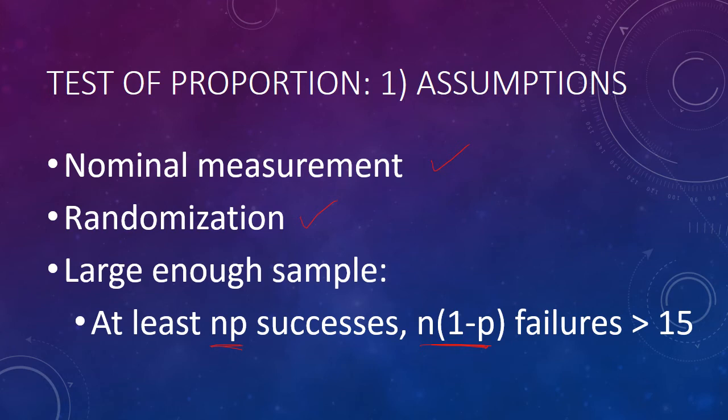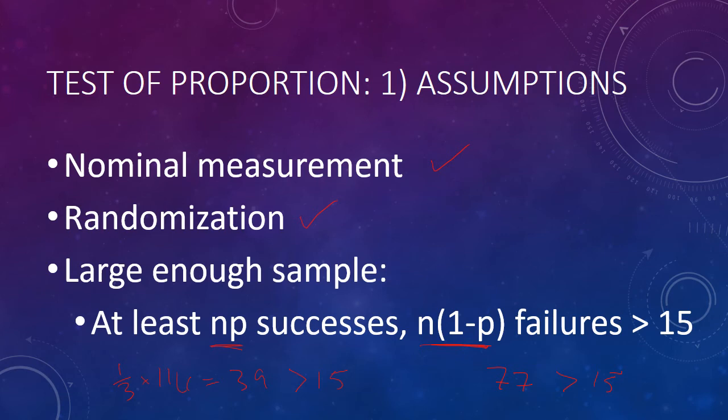Well, if the null hypothesis is true, that is to say, if the astrologers are only guessing, we would expect them to get 1/3 of the answers correct. 1/3 of 116 chances is about 39. And if they get 39 correct, then they must get 77 incorrect. So that's what we would expect if they really were just guessing. The expected number of failures and successes in this case are each more than 15, so we meet this final assumption and we can proceed with the test.